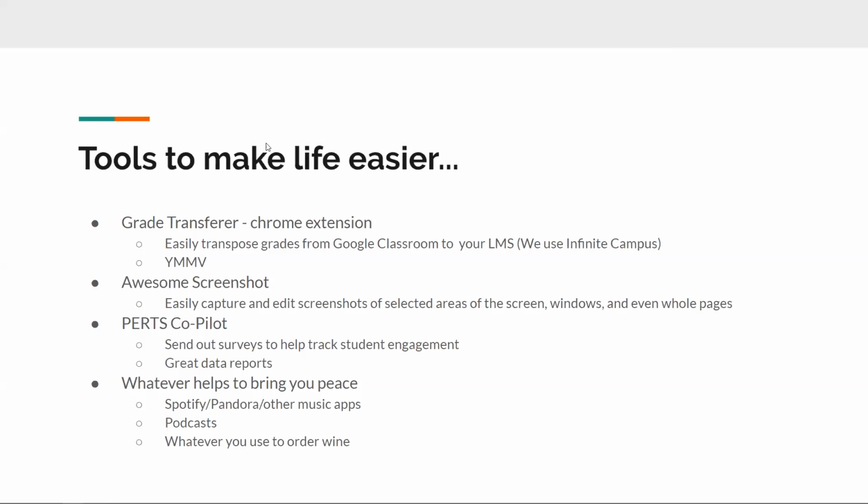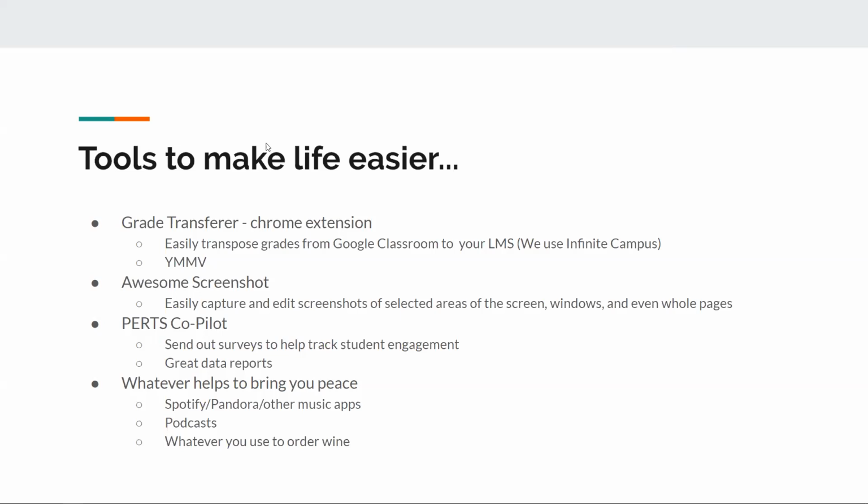Let's say you do all your grading in Google Classroom. It'll transpose that column of grades along with the students' names directly onto Infinite Campus. And there's a little training video for it that will show you exactly how to do it. But it has saved me hours of time copying grades over. So a little plug for Grade Transfer.